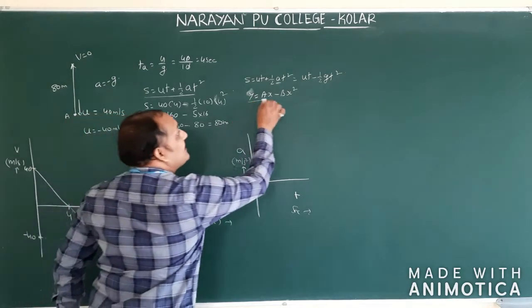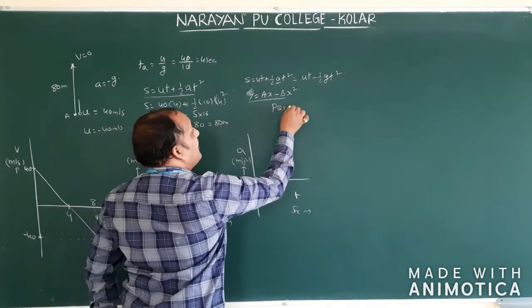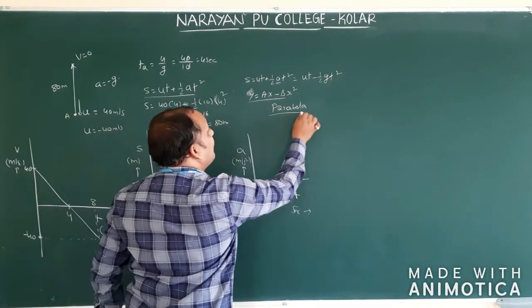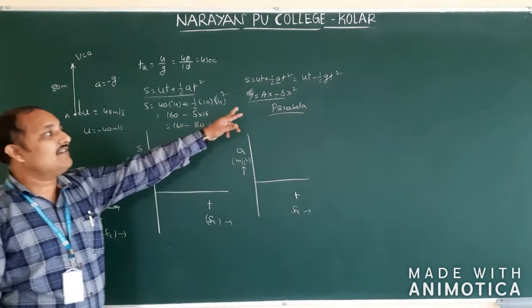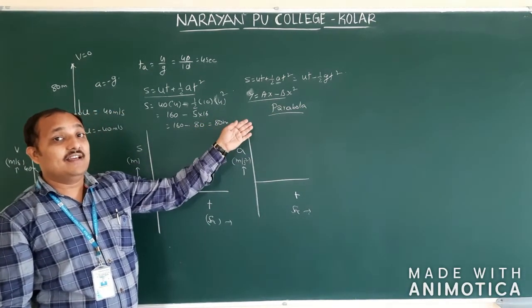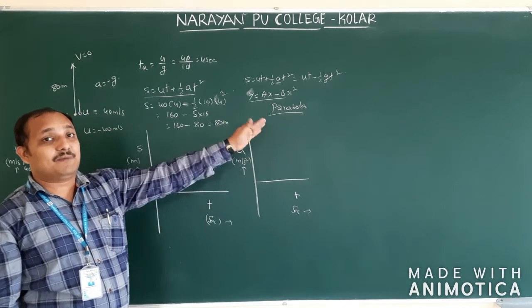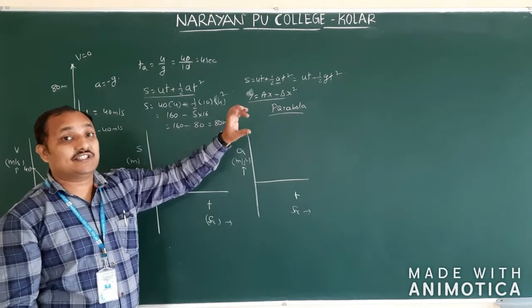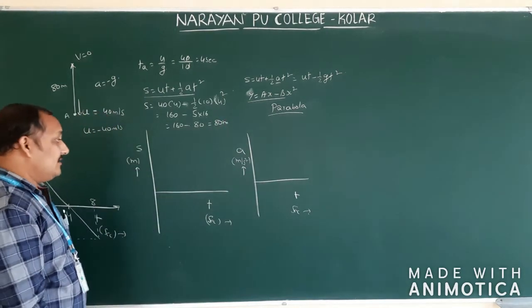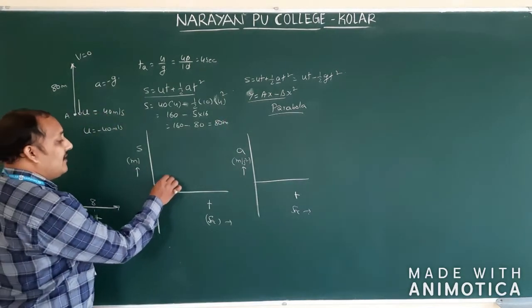Therefore, the nature of this graph, I told you yesterday, is a parabola. It will come in mathematics, but presently we don't know. This is the equation for a parabola. Like the straight line equation y equal to mx plus c, you will have a parabola shape equation. Like the circle equation also you will get. Then how you will get the parabola? Like this.